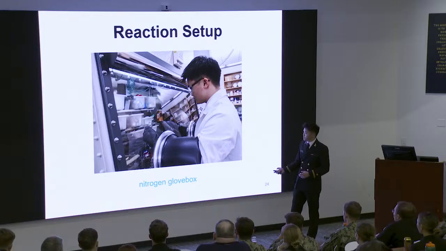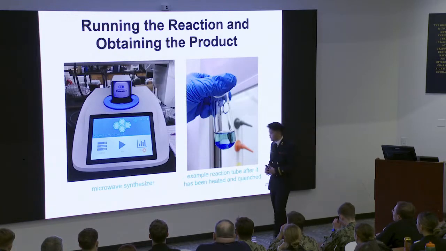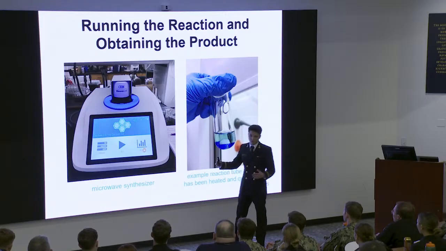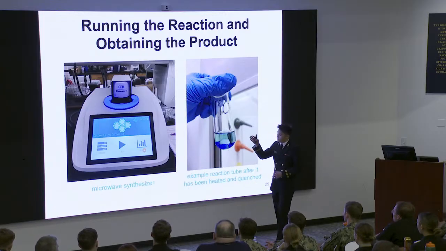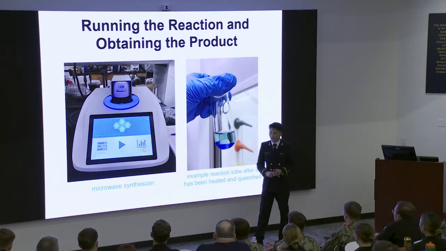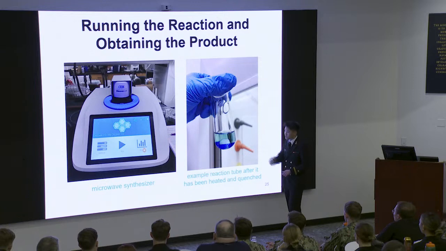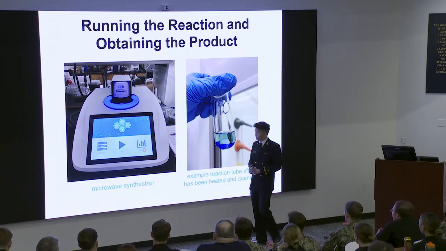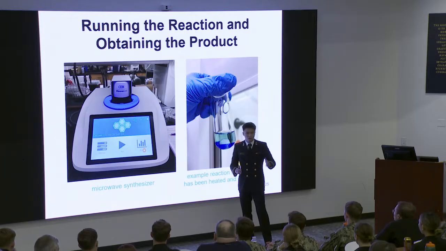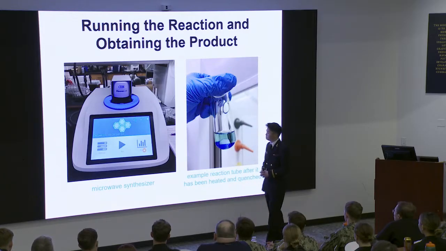Once we've done this, we will move the tube to a microwave synthesizer, very similar to the microwaves that you have at home, just a little better. And we're able to heat the reaction at a specific temperature and under specific pressure controls. This allows us to run our chemical reactions at a fraction of the time that it would take conventional heating, like 1 hour compared to 24 hours.